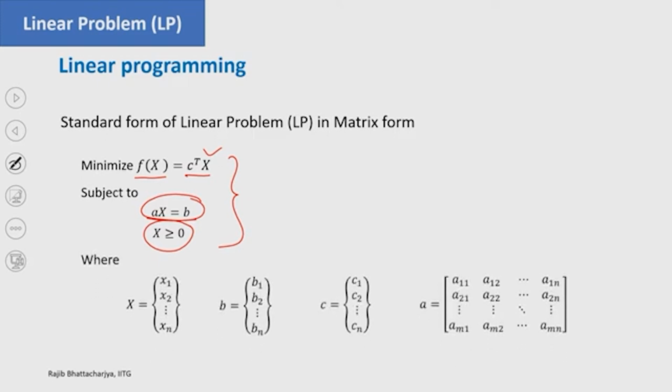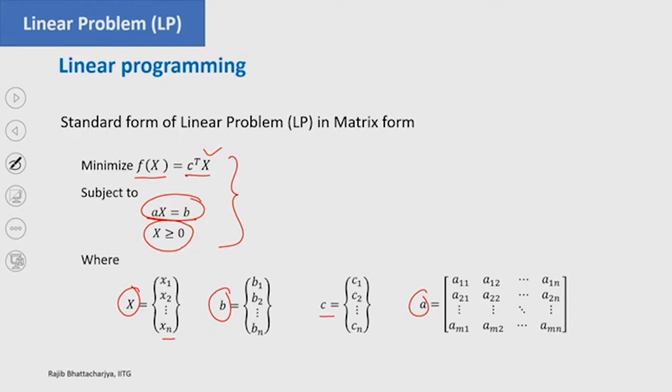Here x is a vector, x equal to x1, x2, up to xn. Then b is the right hand side, that is b1, b2, up to bm. C is also a vector, that is c1, c2 up to cn, and A is a matrix.